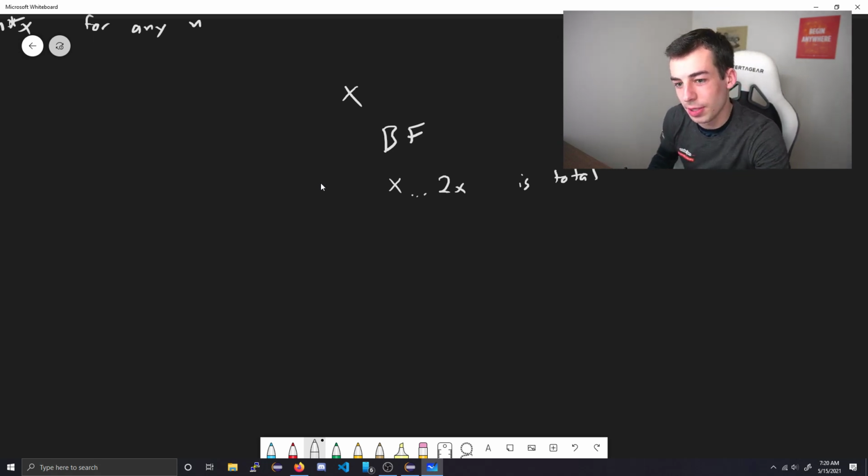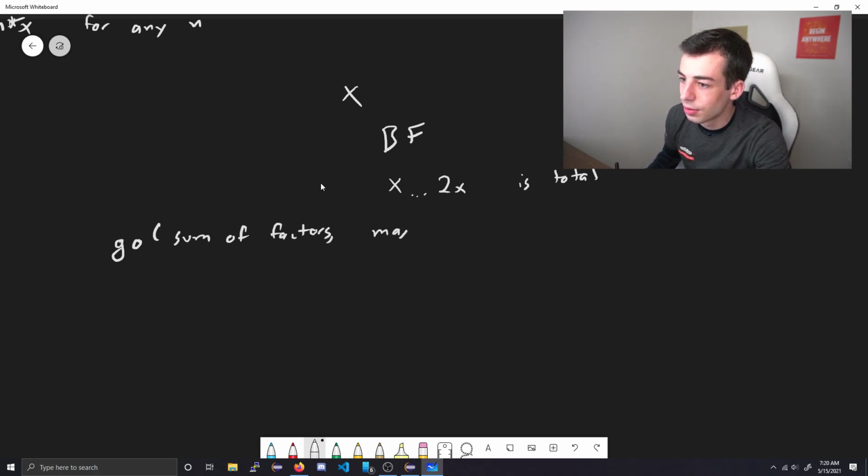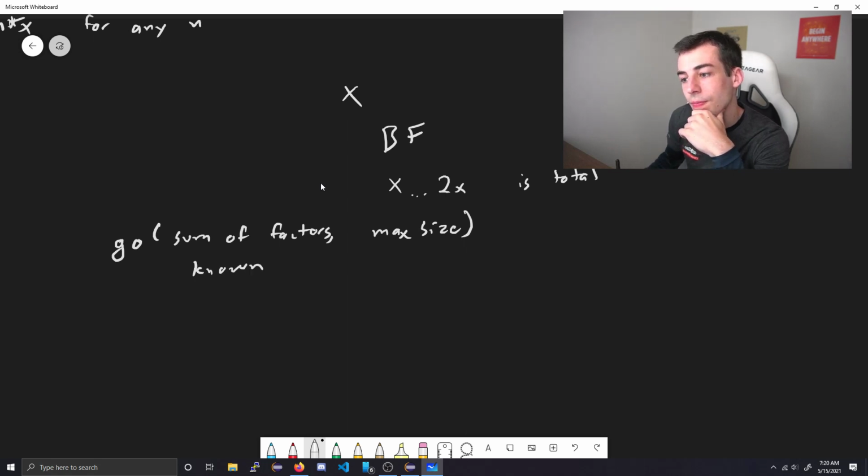So it's going to be something like go with the sum of factors and then max size. This one is known. This one we don't care about.